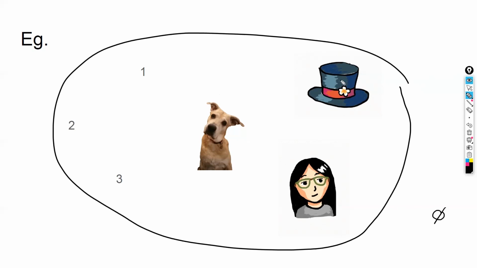Now, do I have a topology? Well, what are the other two axioms of topology? It has to be closed under intersections, meaning if I take any two sets in the topology, their intersection will be in the topology. So what's the intersection of the entire set with the empty set? Well, that's just going to be the empty set.